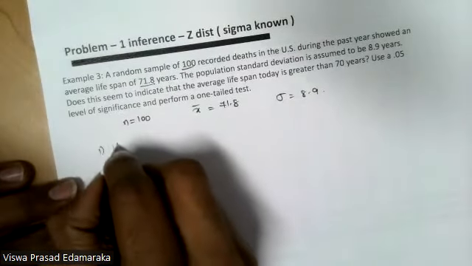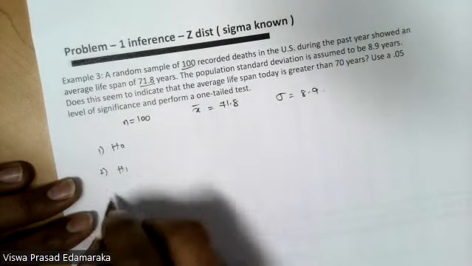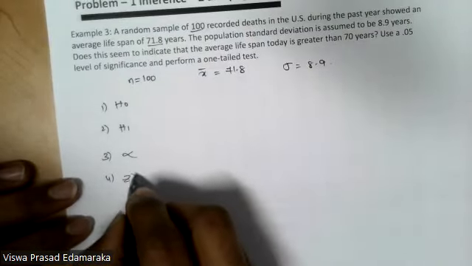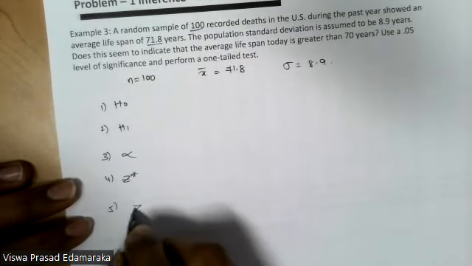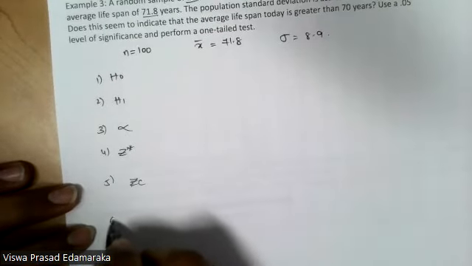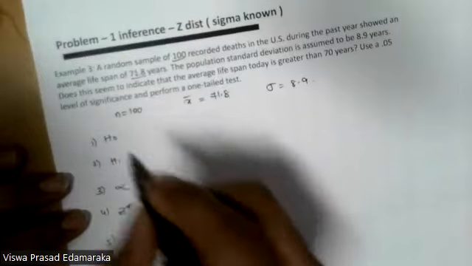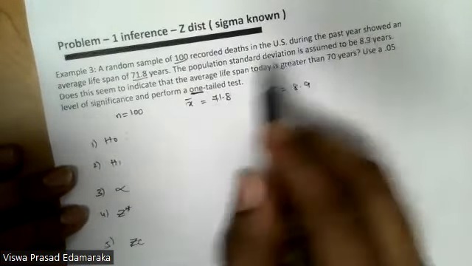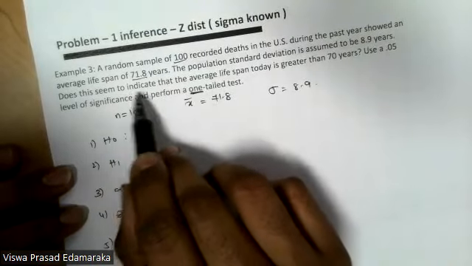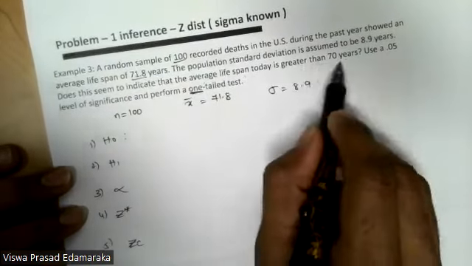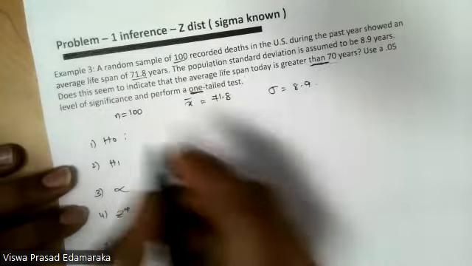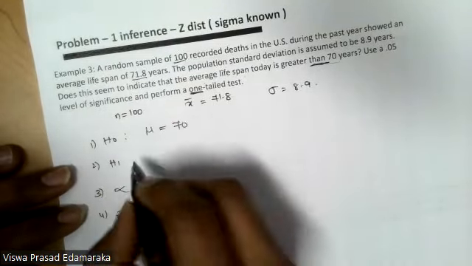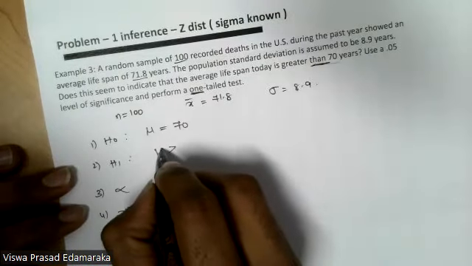Okay, we know the steps: H1, H2, alpha, z star, z calculated, and finally the conclusion. So what is the null hypothesis? He has given a one tail test. Does it seem to indicate that the average lifespan is greater than 70? So mu is 70, whereas the alternate is mu greater than 70.